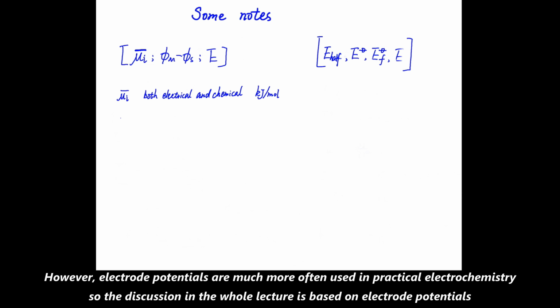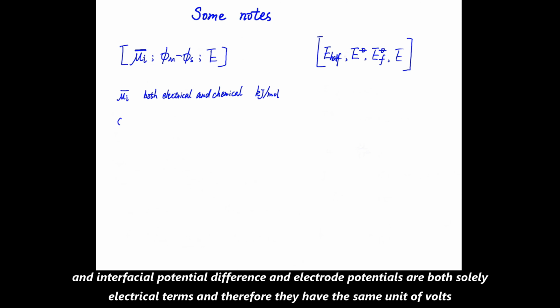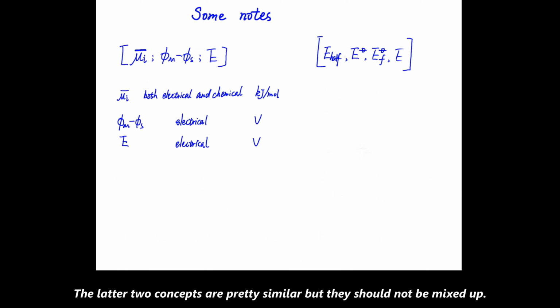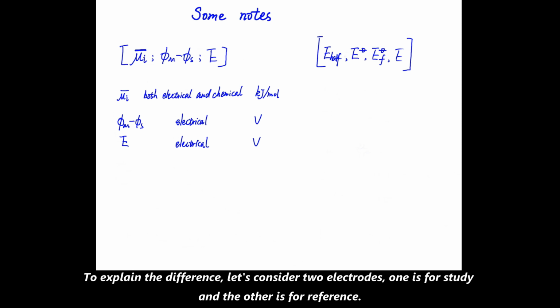on electrode potentials. And interfacial potential difference and electrode potential are both solely electrical terms, and therefore have the same unit of volts. The latter two concepts are pretty similar, but they should not be mixed up. To explain the difference, let's consider two electrodes.